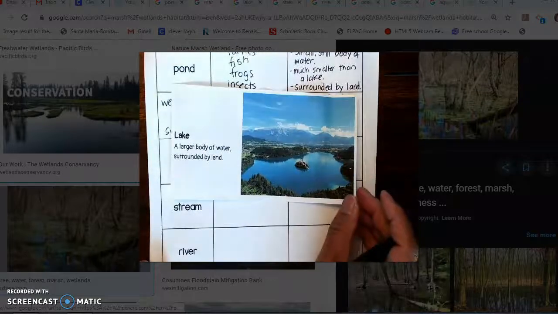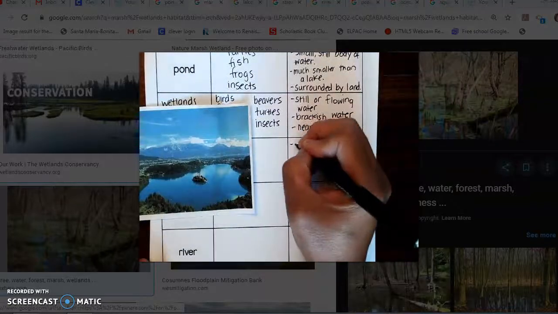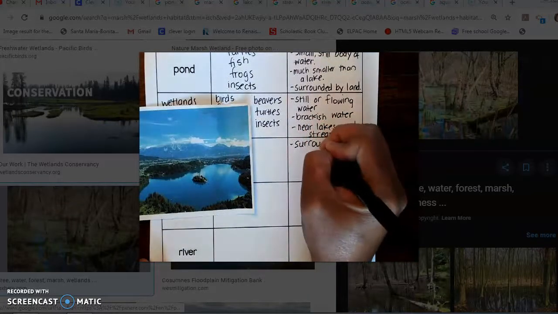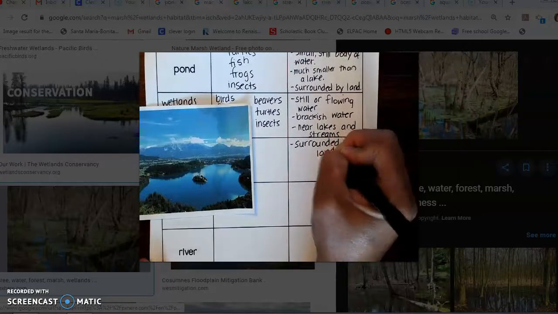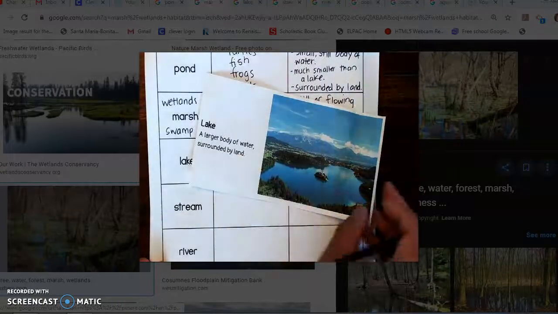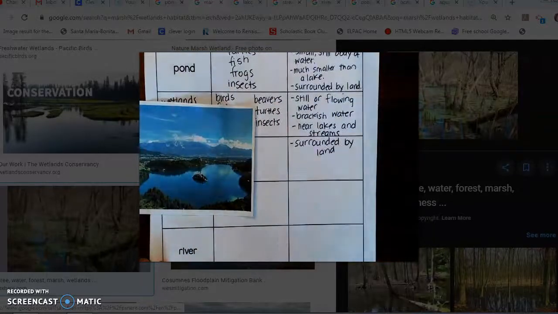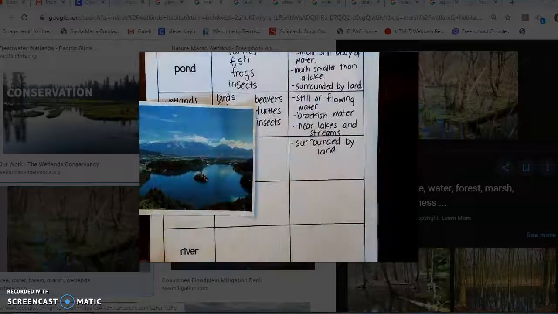Okay? Just like the pond and the marsh, it is surrounded by land. Meaning there's land all around it. Okay? Not like the ocean, where you step into the ocean and there's land on one side, but nothing on the other side. There's more ocean, right?